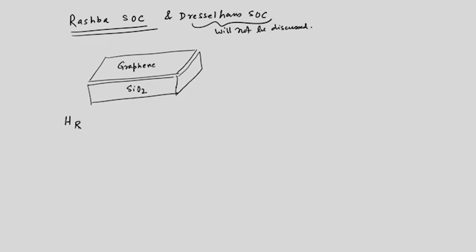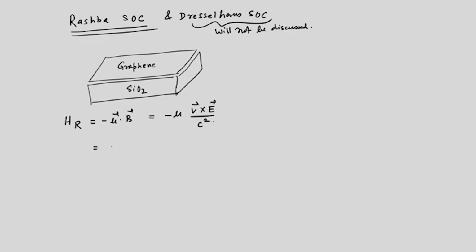Rashba is the name of a scientist who discovered this, Emmanuel Rashba. So, this is equal to minus mu dot B. So, this is the magnetic field, and we have just seen that this can be written as V cross E by c square from our earlier calculation.